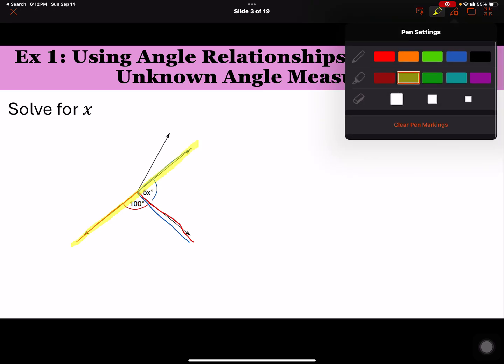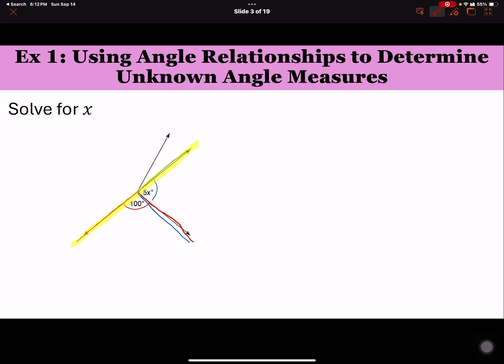When we have a straight line that's formed, that means that our angle relationship is supplementary, or in this case, it is supplementary and adjacent. Therefore, it is a linear pair. So now that I know it's a linear pair, I know that both of these angles together should add up to 180 degrees.